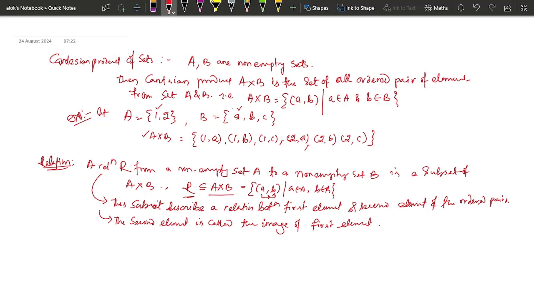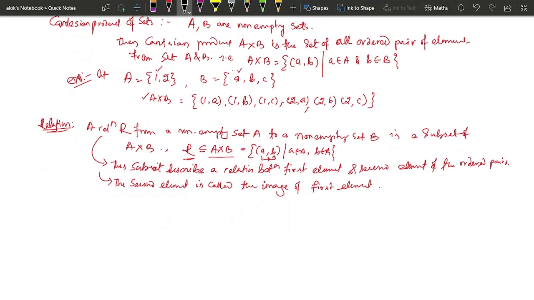Now we'll learn some basic terms regarding relation. First, what is the domain of R, which is symbolically written as dom R?